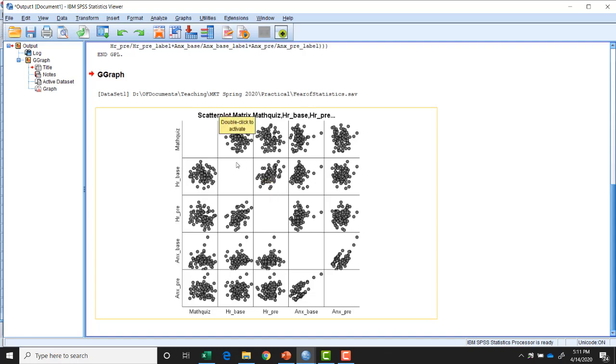Basically, let's relate this now to the material we've done in class. If you look at the heart rate base and math quiz, it seems almost to be a cloud, so there's probably very low correlation here. But if we look at the anxiety measures, the base, and say anxiety pre, there seems to be this kind of correlational pattern. And it makes sense, some people are generally more anxious than other people.